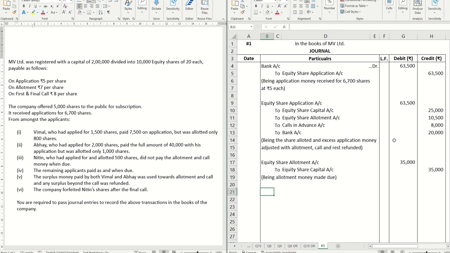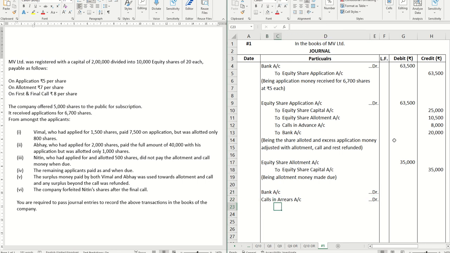The next journal is receiving the allotment money. So that will be to bank account debit. We have a defaulter. Nitin did not pay the allotment money. So calls in arrears account debit as well.